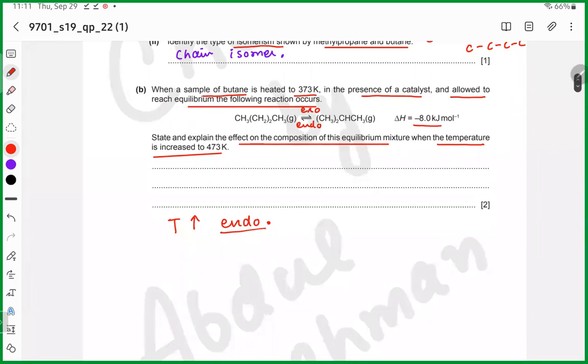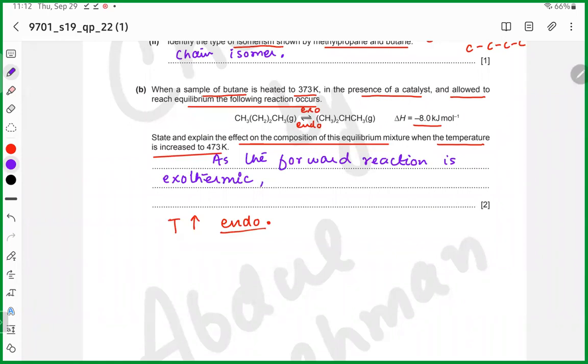They are talking about the composition. So if we talk about the composition, we can say as the forward reaction is exothermic, what will happen to the equilibrium position?